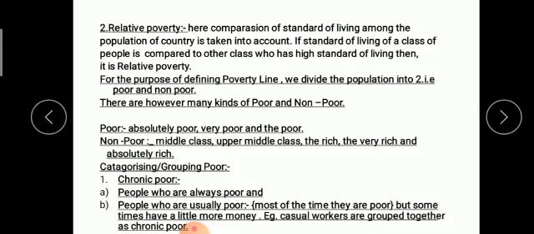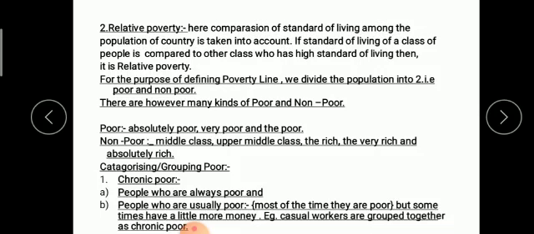So when you compare the standard of living of two classes of people and one is higher than the other, we say it is relative poverty. Relative here means in economics, in comparison to, comparatively, tulna mein.